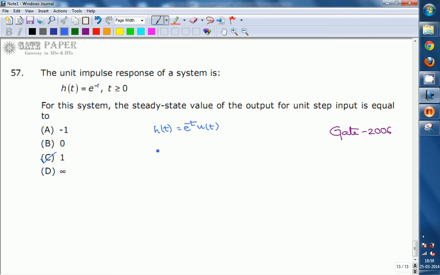So here we will find it by using the Laplace transform method.